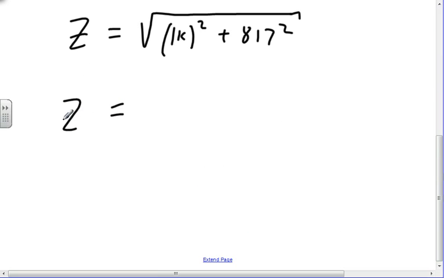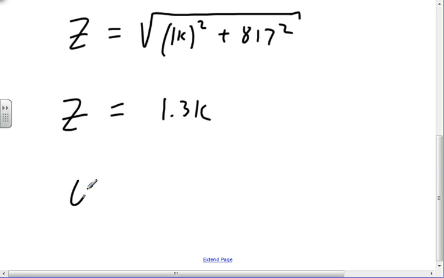So my impedance is what? I don't know. 1,000 squared plus 817 squared equals, square root, 1,300. Okay, so 1.3K.